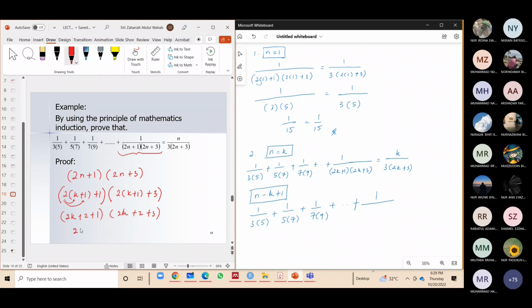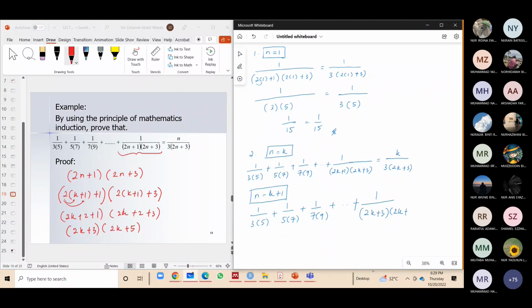So 2k plus 3 in the first bracket, second bracket 2k plus 5. So 2k plus 3 times 2k plus 5. Yeah, I just write here 2k plus 3 and then 2k plus 5 equals to n.